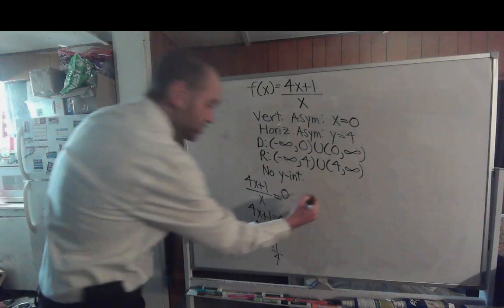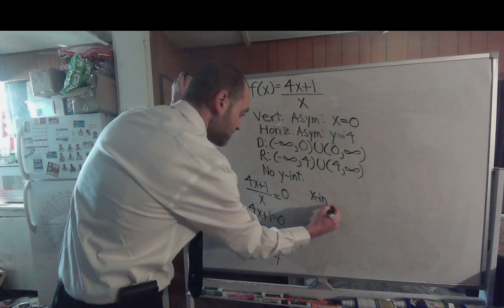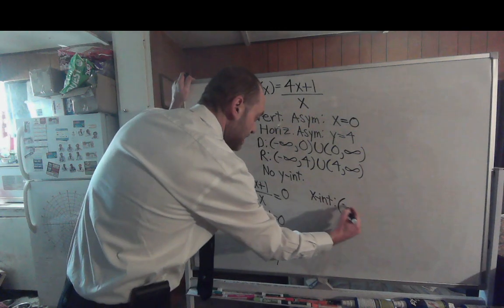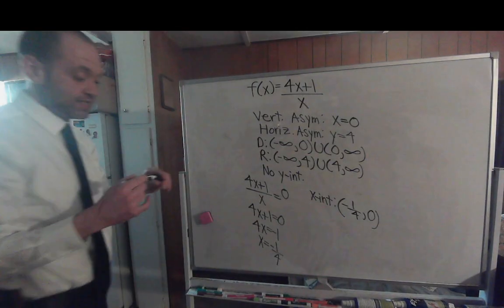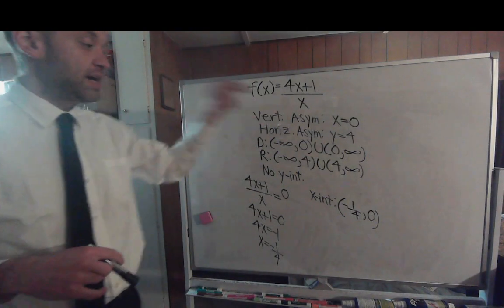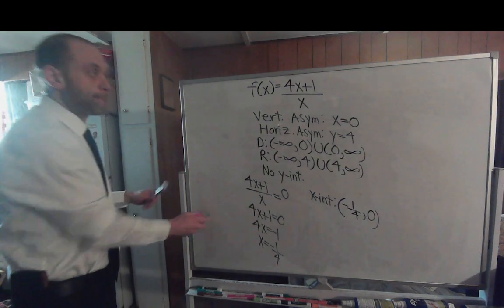So you actually do have an x-intercept at the point negative 1/4, 0. And that x equals negative 1/4 does not violate your domain, so you're good.